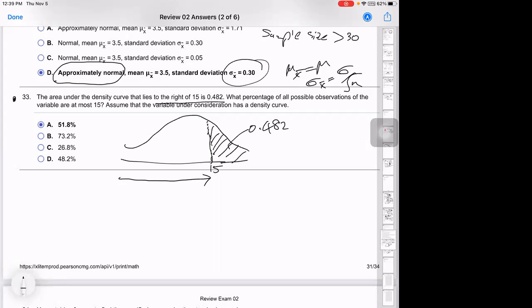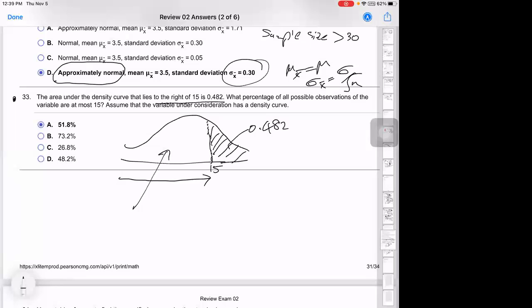You need to find the percentage, which means simply you have to find the area. You don't need to go to the table, just find the area. Total area under the density curve is 1.